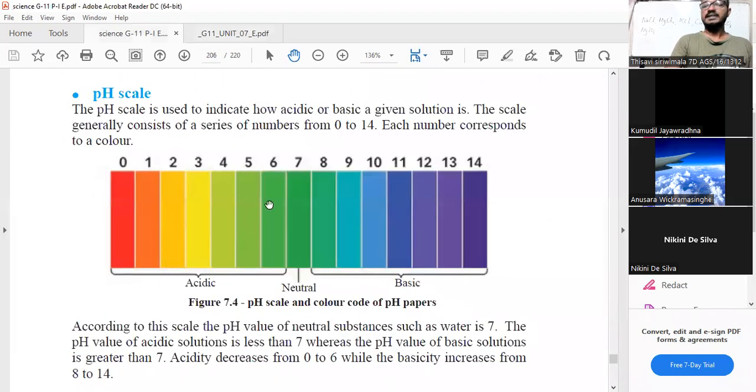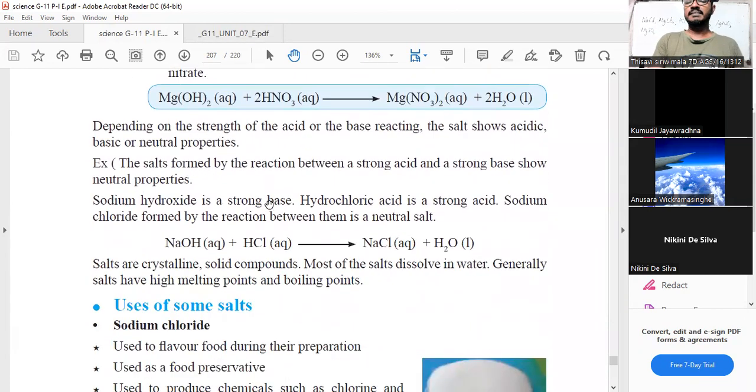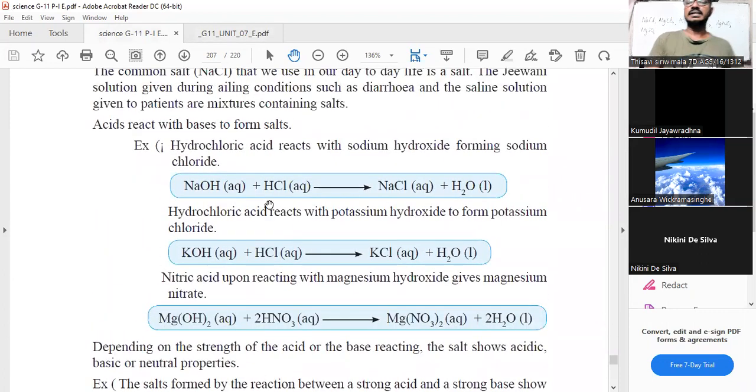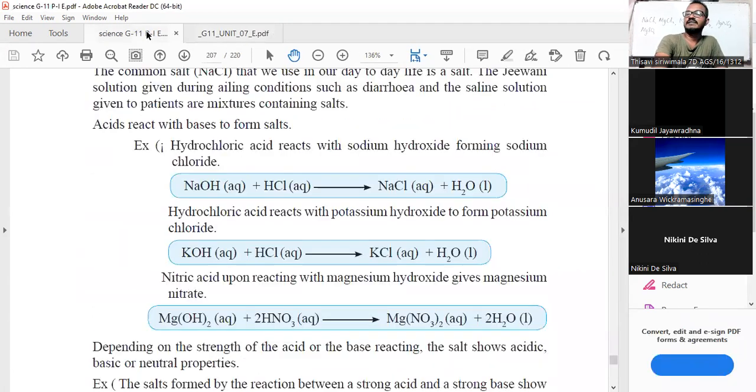NaOH plus HCl gives NaCl plus H2O, KOH plus HCl gives KCl plus H2O, then magnesium hydroxide plus 2HNO3 nitric acid gives magnesium nitrate plus water. මේක ඔයගලගේ textbook එකේ page number 197 තියෙනවා. You can start now.